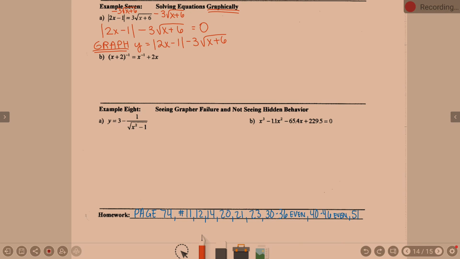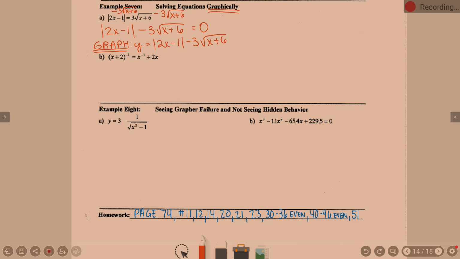And then here's the big question. Where do we find our solutions? Our solutions are where the graph does what? Crosses the x-axis, horizontal, think x-axis here, okay? So your solutions are where the graph crosses the x-axis.